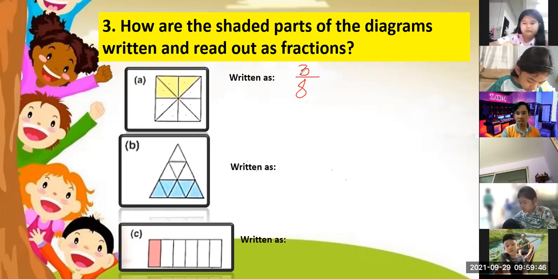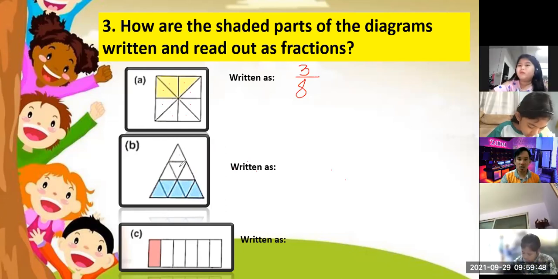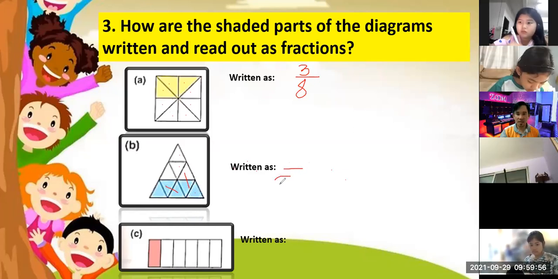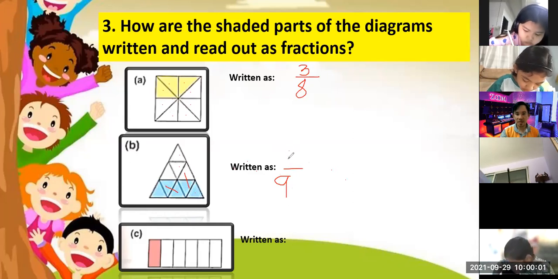Just count here. 1, 2, 3, 4, 5, 6, 7, 8, 9. So right here, 9. And how many parts were shaded? 5 parts were shaded, right? You can see 1, 2, 3, 4, 5.